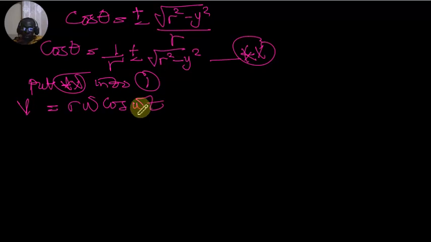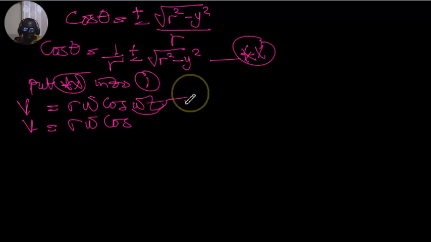So cos omega t, where omega t is still the same thing as theta, so which is cos theta. So the value of this cos theta will now be substituted here.